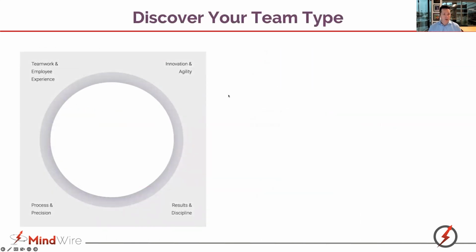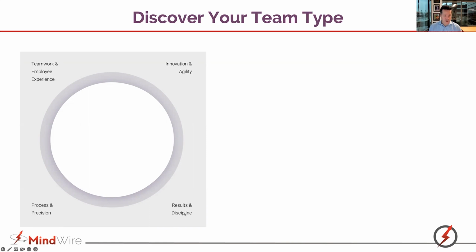So when you are in the software, we're going to walk through this first part, section 1, which is discover your team type, which again is, how do I help a team be more effective together? When you're in the software, you have these 4 quadrants based on behaviors of people. Quadrant of innovation and agility; people are good at that part. Here's the teamwork and employee experience, folks that are good there.